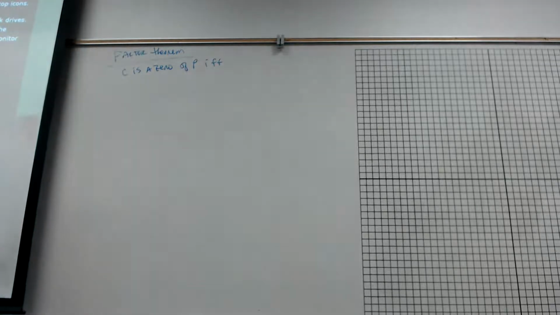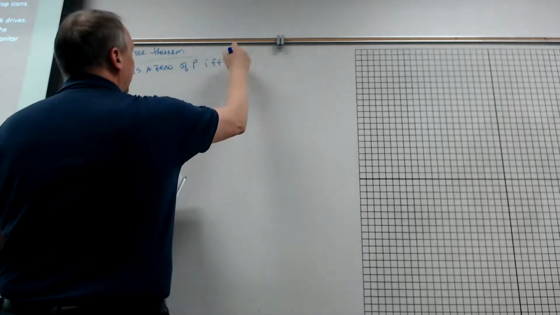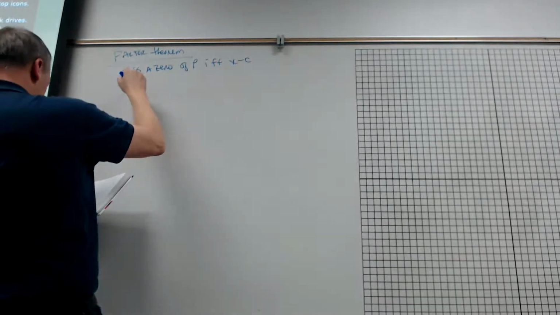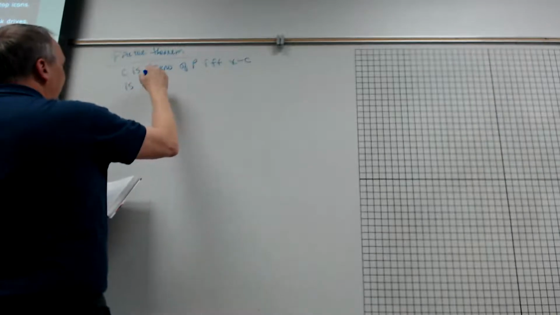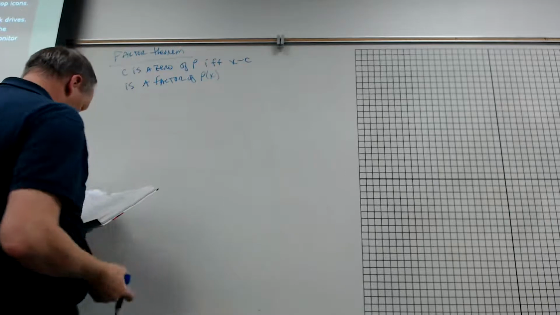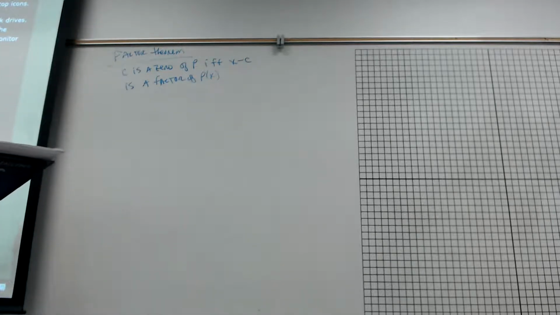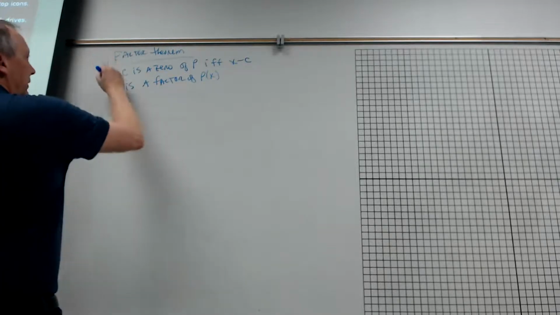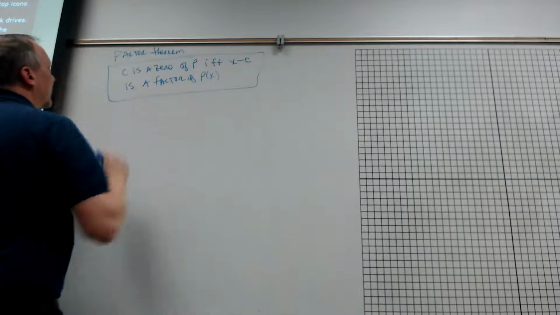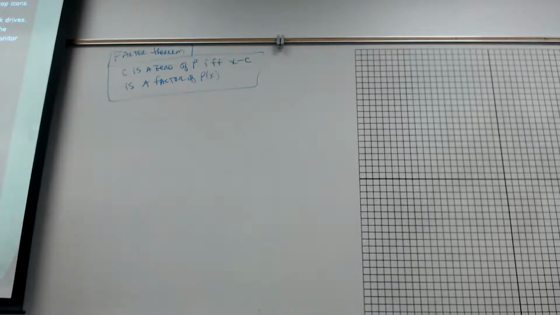IFF stands for if and only if, x minus c is a factor of P of x. Okay? So let's do an example just to prove this theorem. This one's more useful than the last theorem, but they're both kind of related to each other.